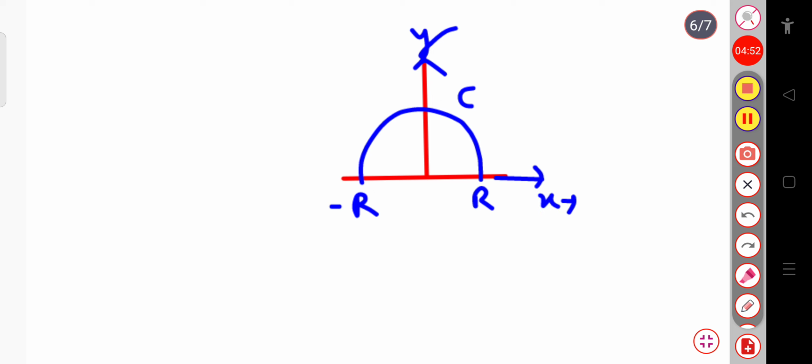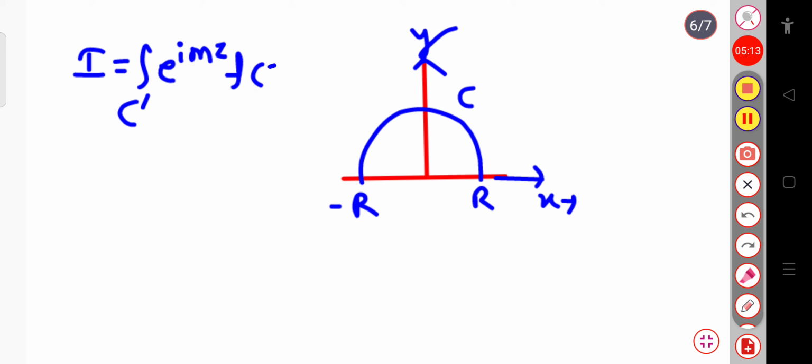Now our aim is to calculate the integration over minus infinity to plus infinity, or I can say, taking the total contour as C prime, the integral of exponential i m z into f of z dz. I have to calculate this.